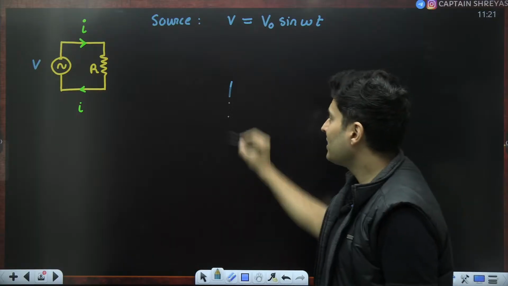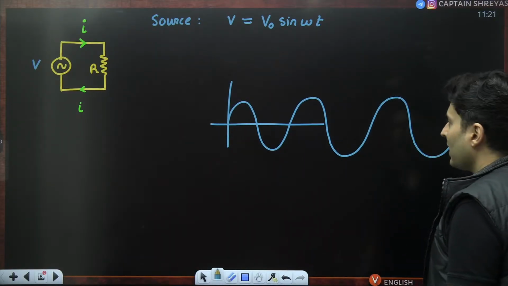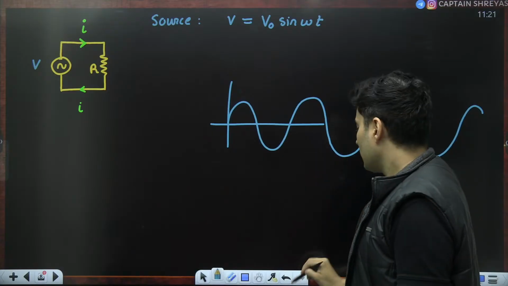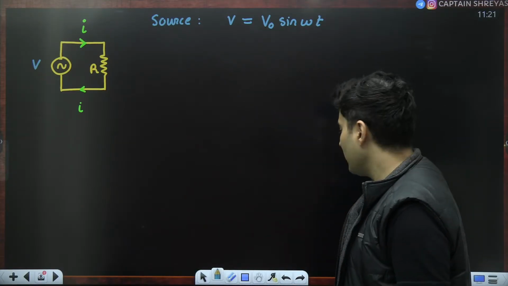Sine. How does the sine graph look? Positive, negative, like a bumpy ride, speed breaker type. Sine graphs always look like that. So what does this mean?